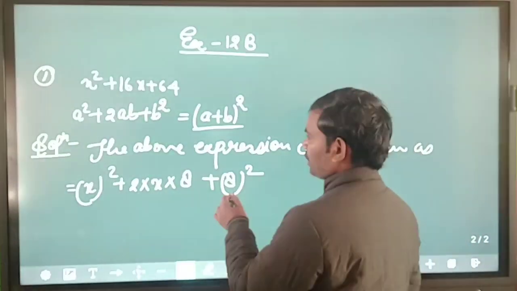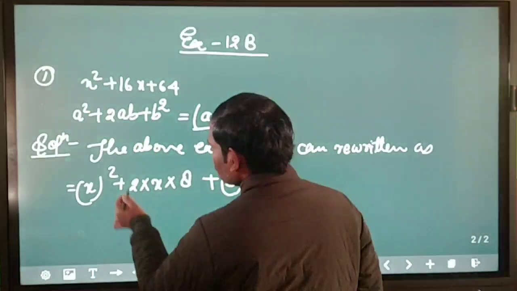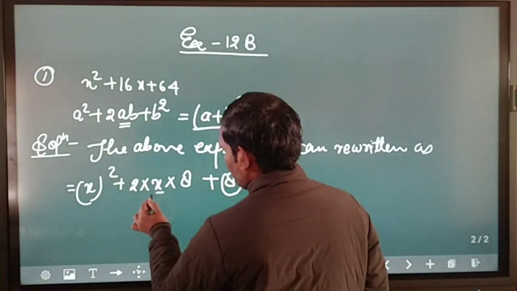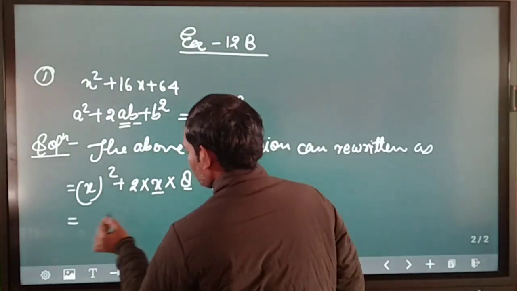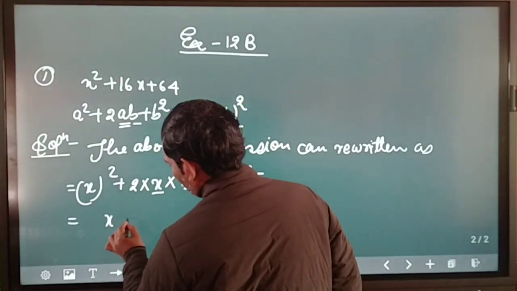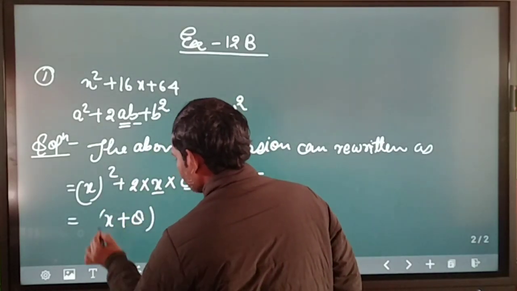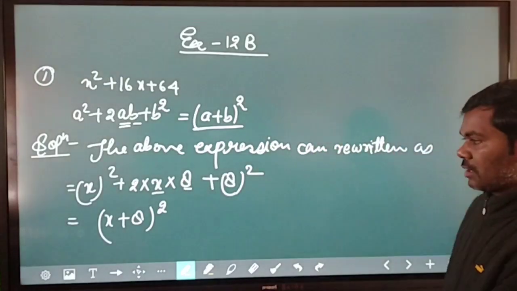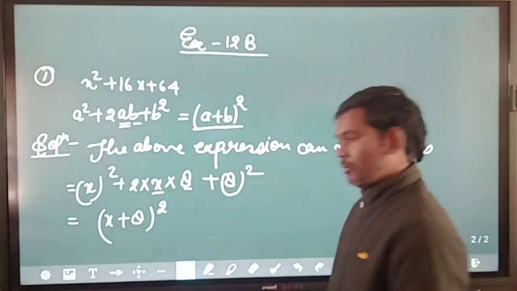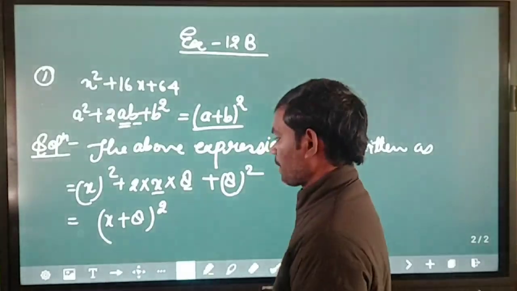Here the value of a is x and the value of b is 8. So this can be written as the whole square of x plus 8. I hope it is clear.